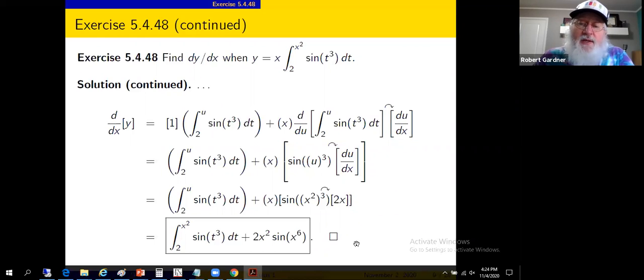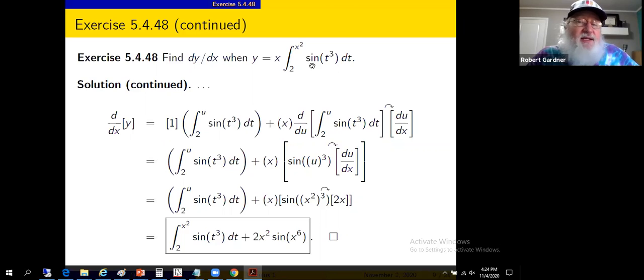Clean this up a little bit, and there's the derivative of that function. It required product rule because there's a product of functions of x. It required the fundamental theorem of calculus, part 1, because you're differentiating an integral. And it required the chain rule because you're differentiating with respect to x, and this is a composition of functions. It's the x squared function composed with however you evaluate this integral.